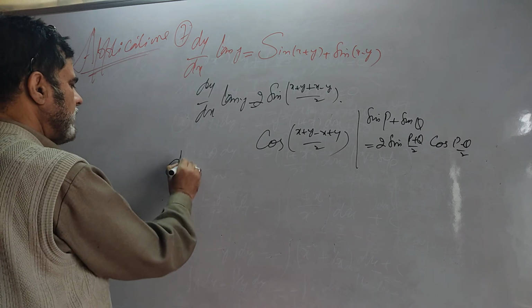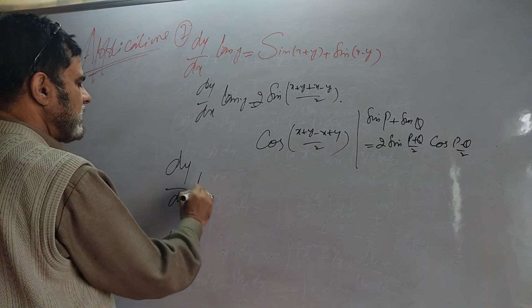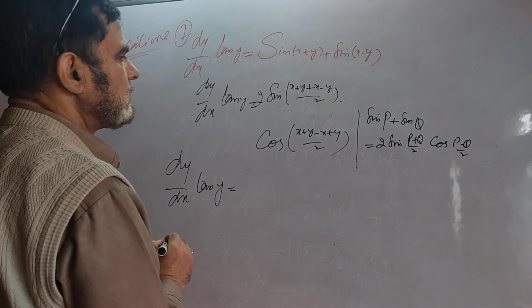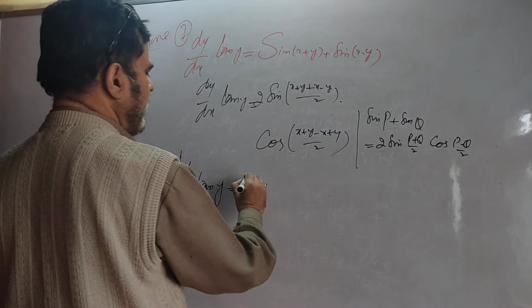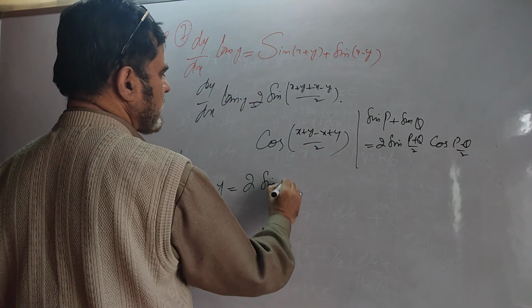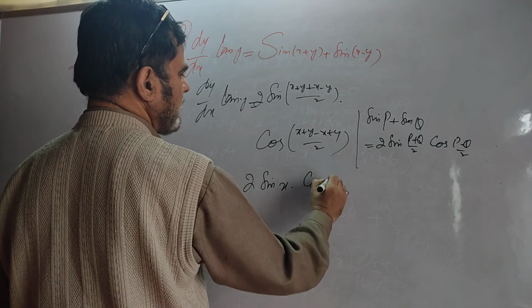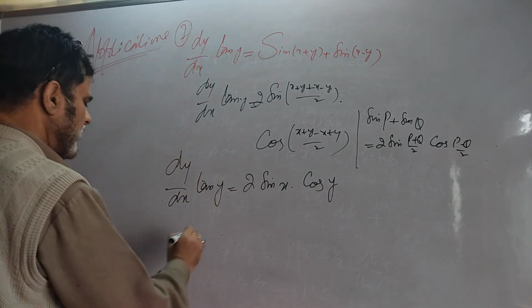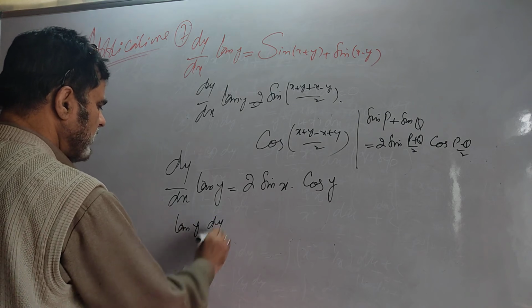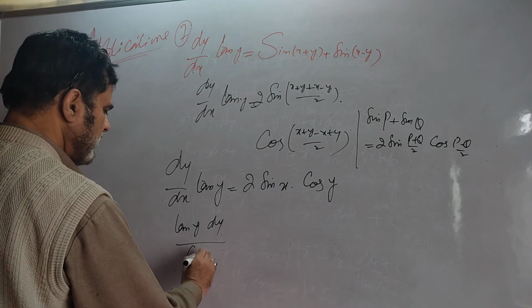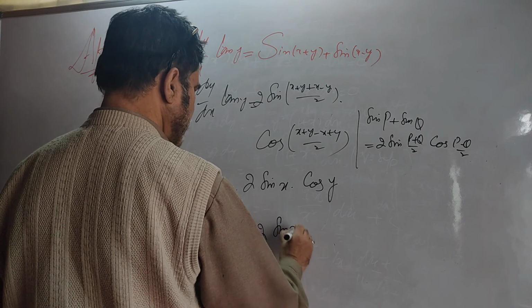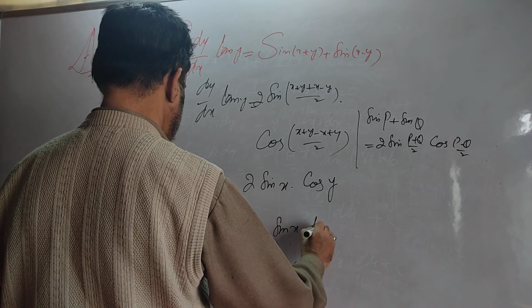This is your dy by dx tan y is twice sine x cos y. Now you can write this, tan y dy by cos y is equal to twice sin x dx.